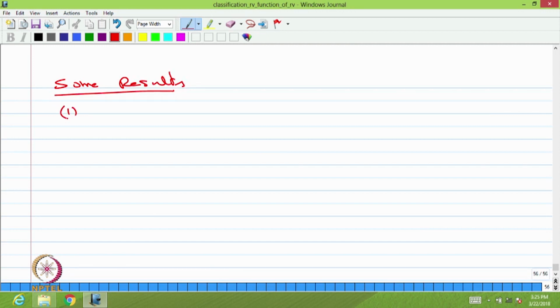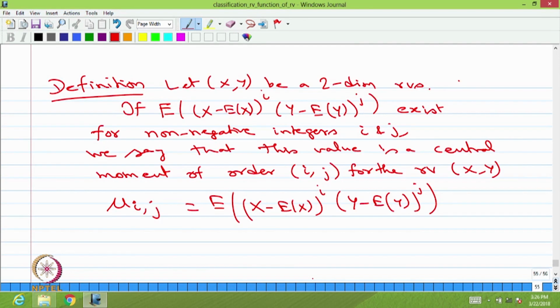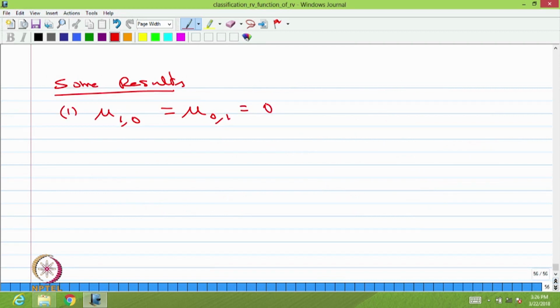The first result is if you substitute i equal to 1 and j equal to 0, or i equal to 0 and j equal to 1, in both situations the value is going to be 0.